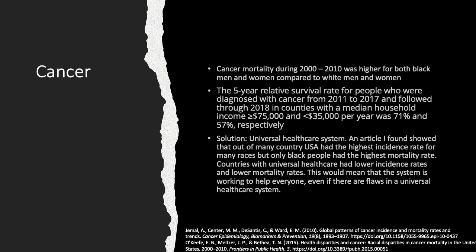Countries with universal healthcare had lower incidence rates and mortality rates when it came to cancer. If we change to a universal healthcare system, everybody would be able to get help, whether they were poor or rich. And even if there are flaws in a universal healthcare system, everybody is still getting the help they need.